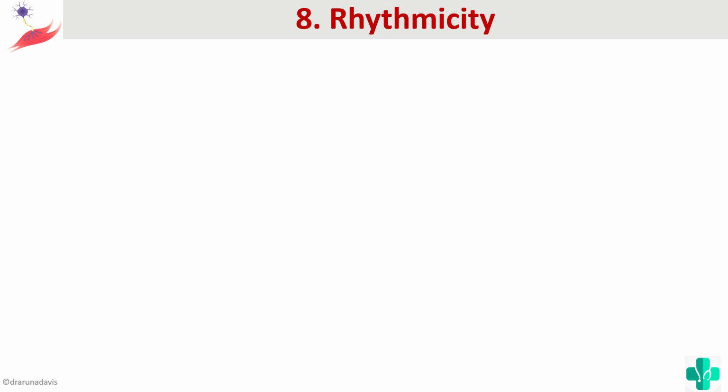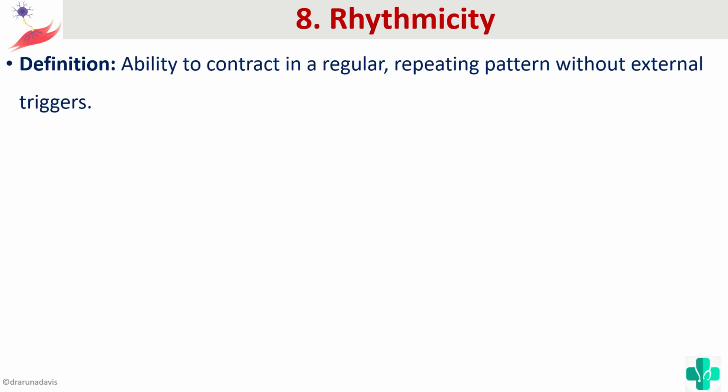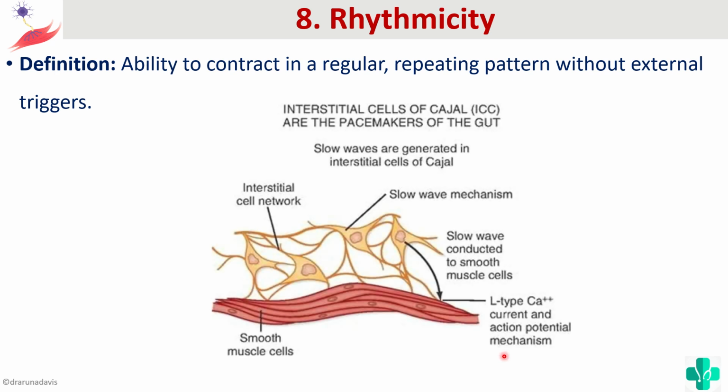Next, rhythmicity. Do smooth muscles have rhythmicity? We may think that it's only cardiac muscles that have rhythmicity, but smooth muscles also have the ability to contract in a regular repeating pattern without external triggers. So what is a pacemaker here? Here it is called the interstitial cells of Cajal. They are the pacemakers of the gut.